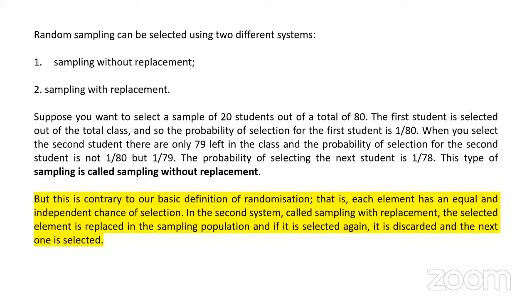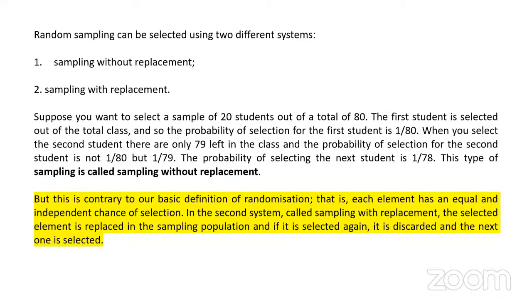But you can always ask me, if the same element is getting selected twice, what do we need to do? The thing is that because it is random, the chance of one element getting selected twice, I mean more than once, is very less.